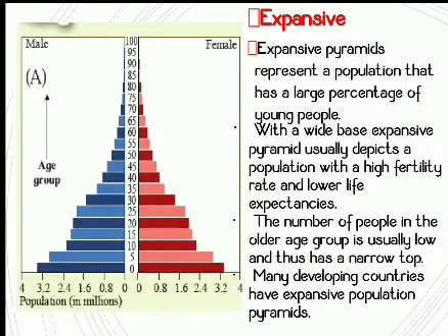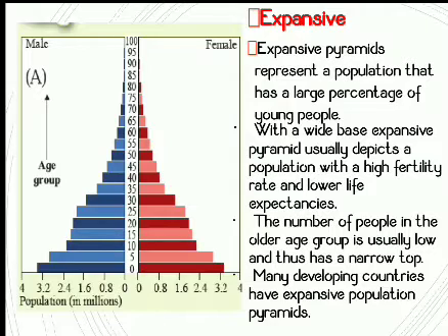As the birth rate is high, the fertility rate is high, and because of that, the child population is more. Whereas as the life expectancy is low, the people don't cross above 50 or 60.